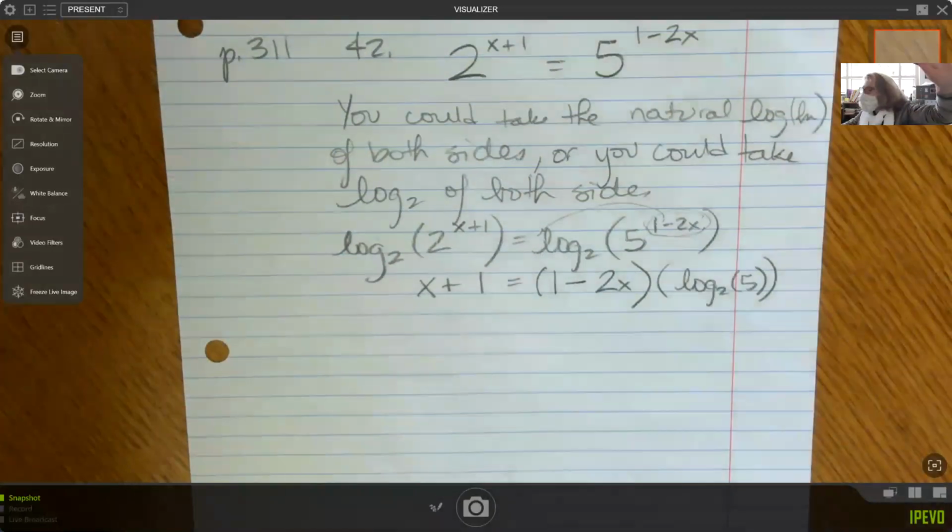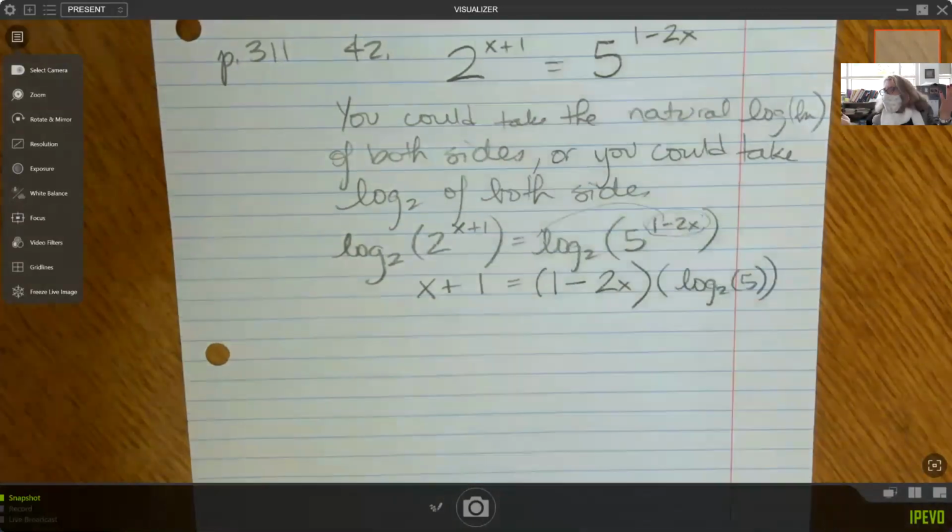But I think it helps to right at this point say, you know what, that's just a number. And actually it's a number that's just a little bigger than 2, right? Because 2 squared would be 4. So if I say log base 2 of 5, I can just like, okay, that's some number. It's a little bigger than 2. But I'm going to leave it in its exact form and solve for x.